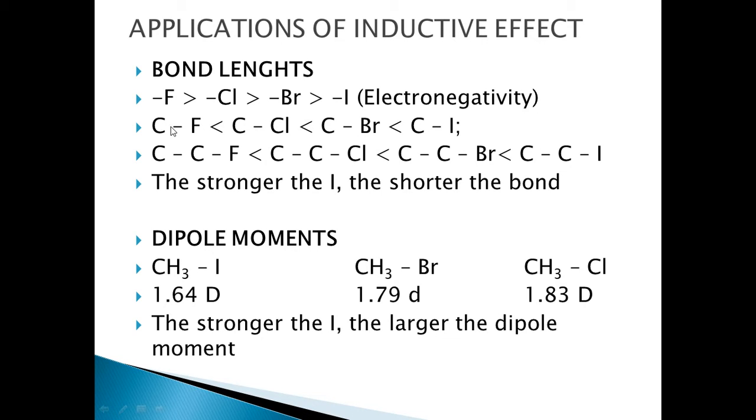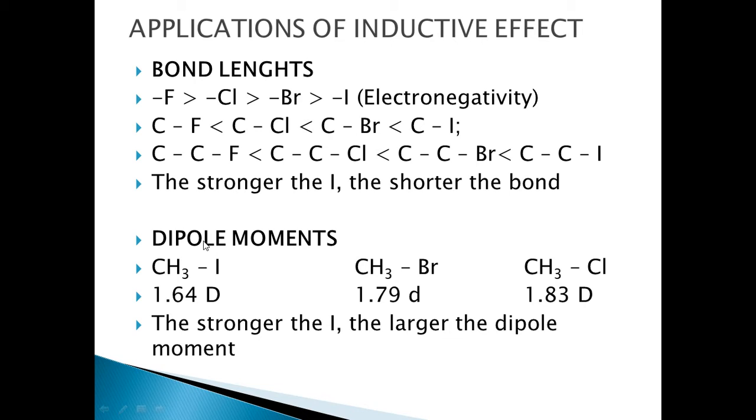Meaning that as you go from fluorine to iodine, the bond length increases. In other words, the stronger the inductive effect, the shorter the bond length. The same effect is also experienced when the chain of carbon increases, in which the bond length decreases as you go from carbon fluorine bond to carbon iodine bond.